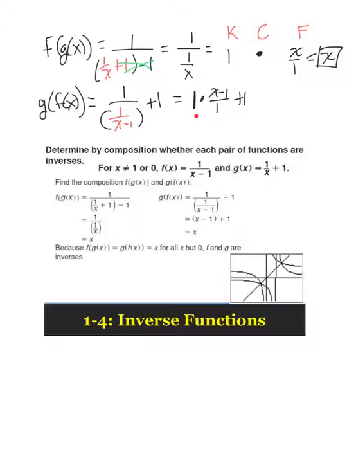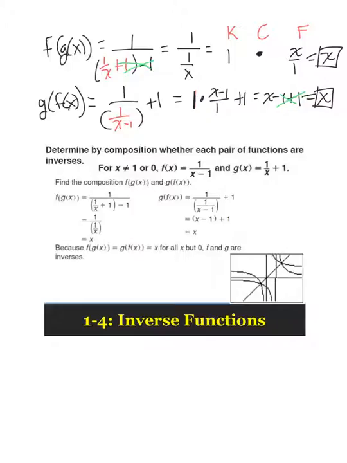So 1 times x minus 1 over 1 is x minus 1. And then we have a plus 1. And then the plus 1 and the minus 1 are going to cancel, and we are left with an x.